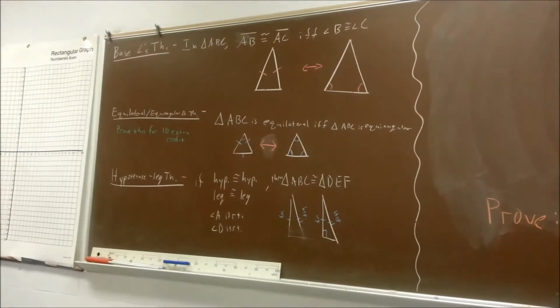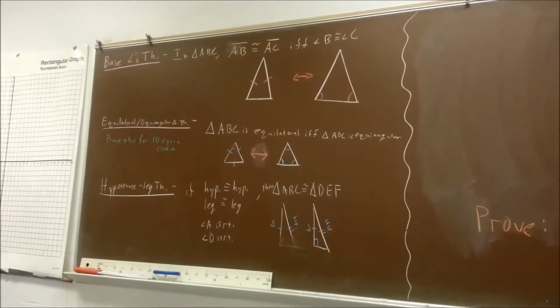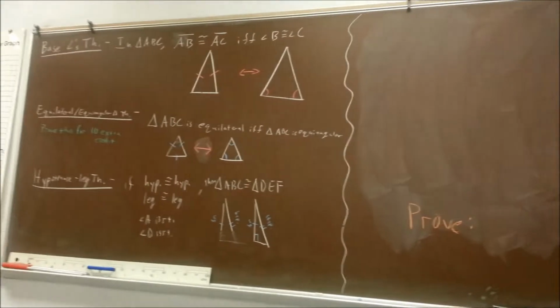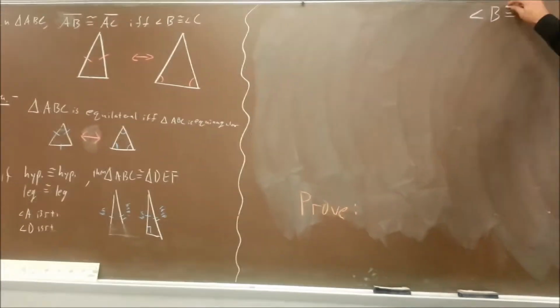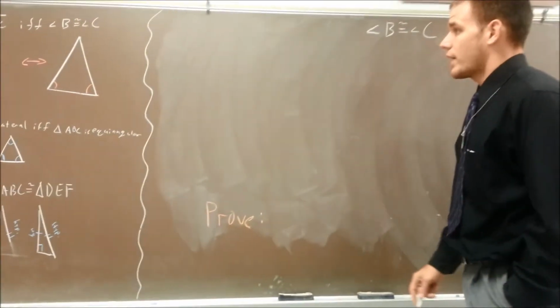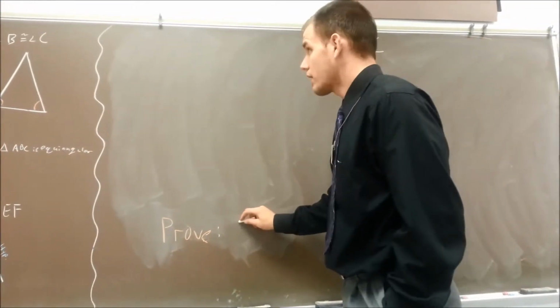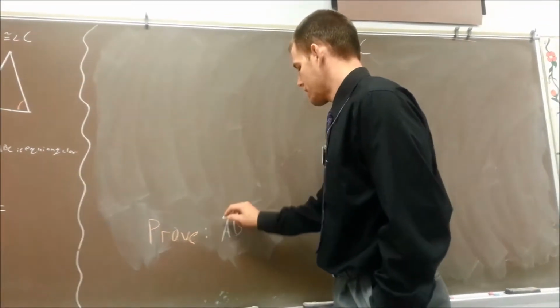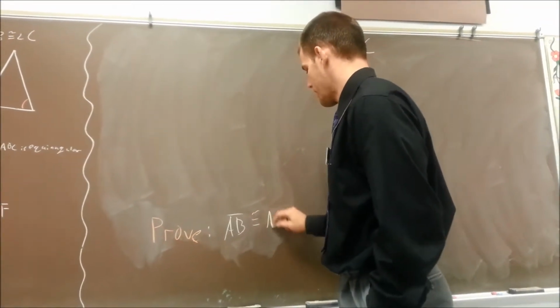This time, our given information is going to be angle B is congruent to angle C, and we have to prove AB is congruent to AC.